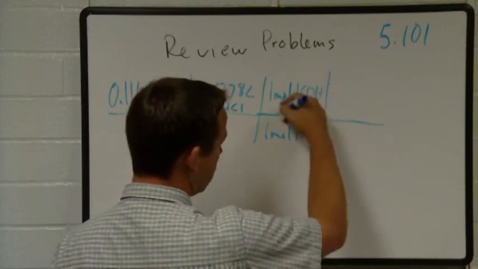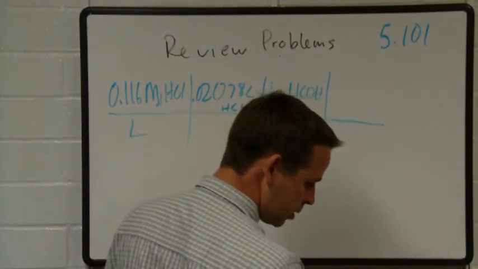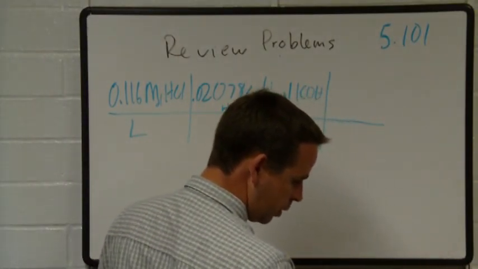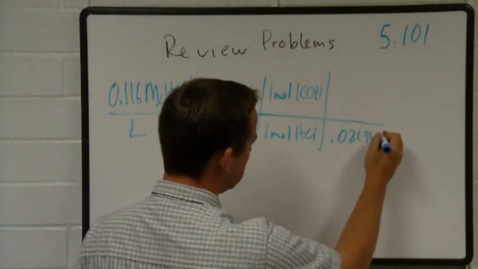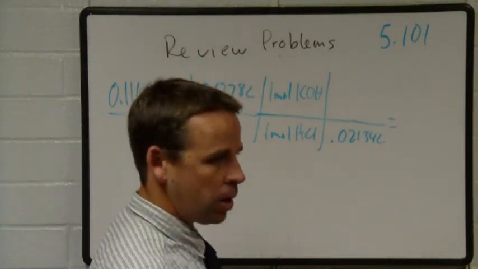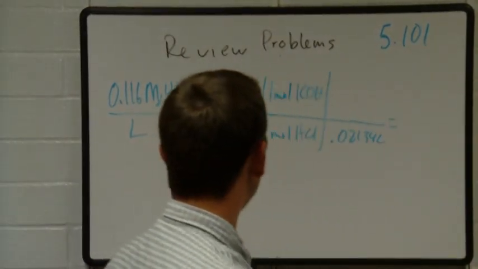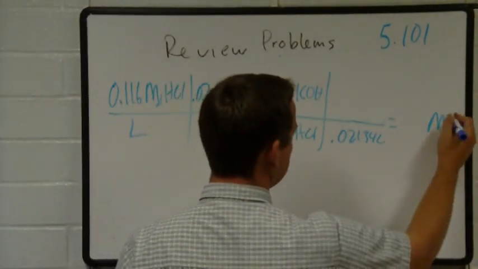And now we're in moles of KOH. We just have to divide by liters of KOH, which is 0.02134 liters of KOH. And this then tells us the molarity of KOH.